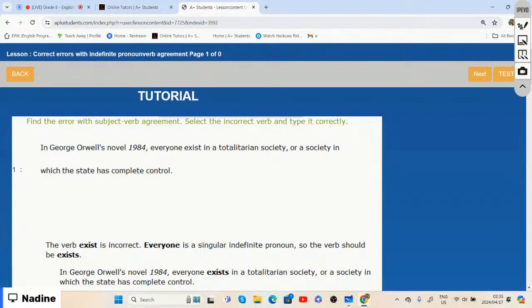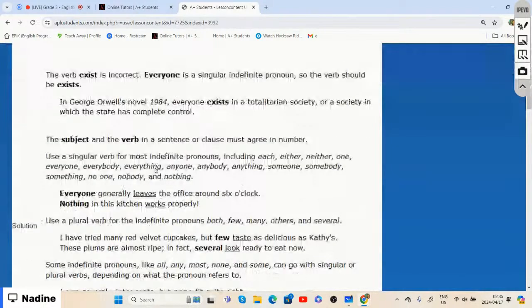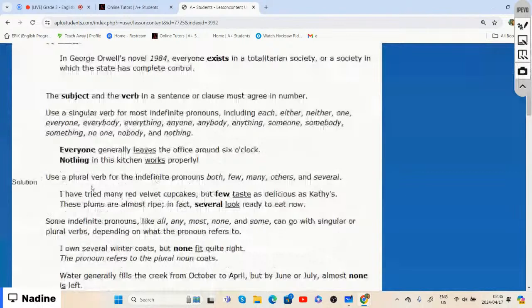First it says the subject and the verb within the sentence or clause must agree in number, right? We use a singular verb for most indefinite pronouns, which include each, either, neither, one, everyone, everybody, everything, anyone, anybody, anything, someone, somebody, something, no one, nobody, and nothing.